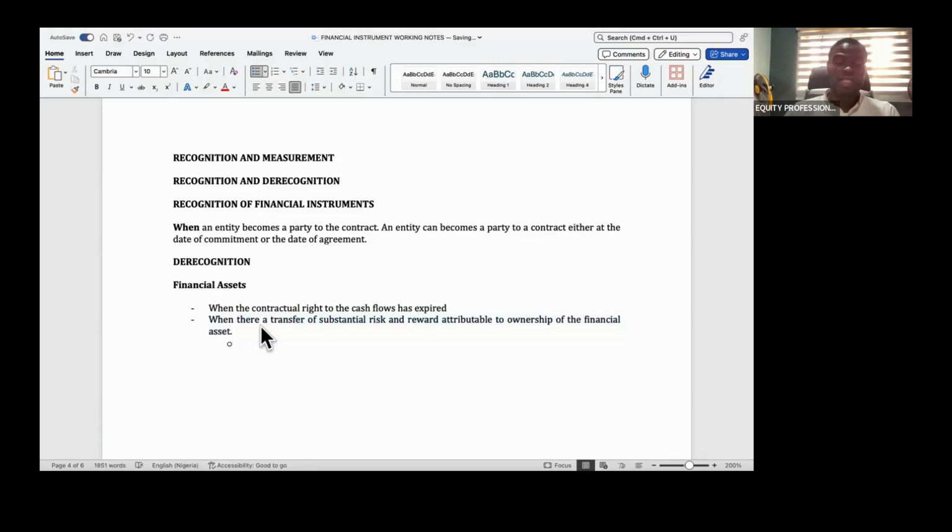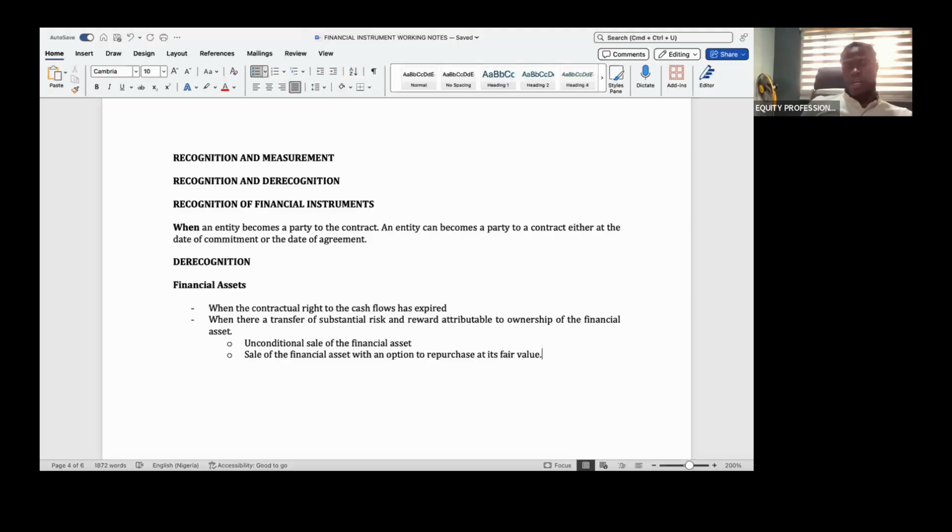And when we say you are transferring risk and reward, it means that there is an unconditional sale of that financial asset. Meaning you have sold it. You have sold the financial asset, or you sold it with an option to repurchase it at its fair value, at the date of repurchase, of course.